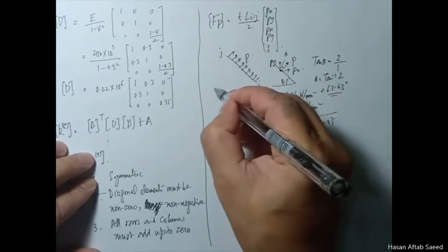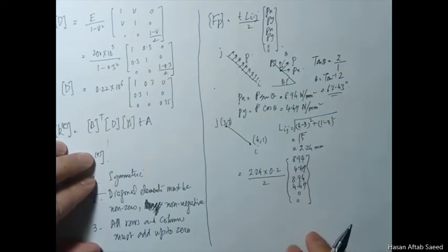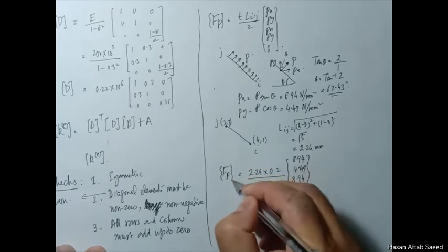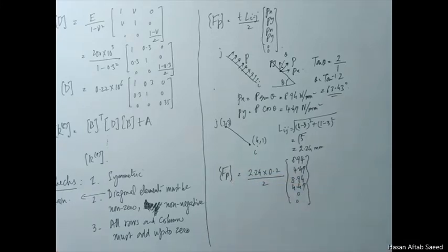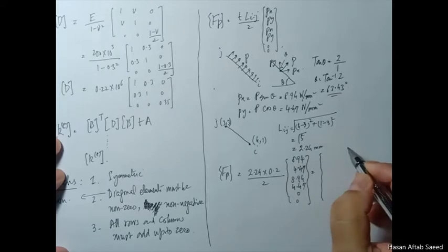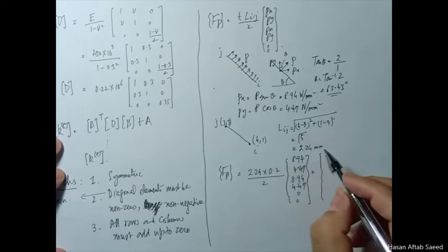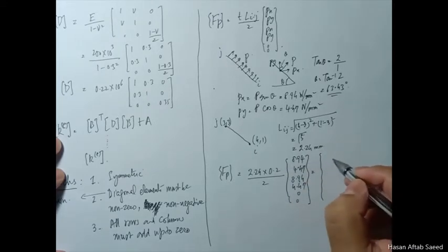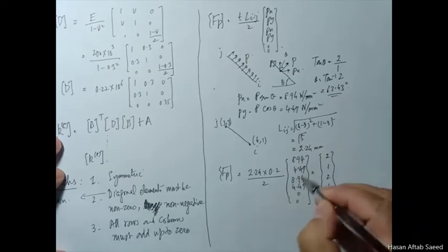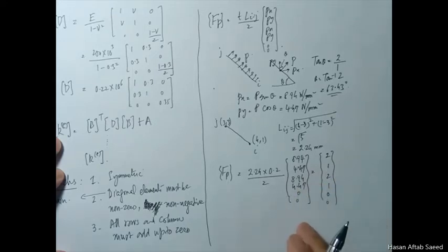Here there's K node, but that is irrelevant as far as the pressure is concerned. So FP is this. Now if we simplify it, multiplying these values, this turns out to be 2 1 2 1 0 0. You should just multiply the values.